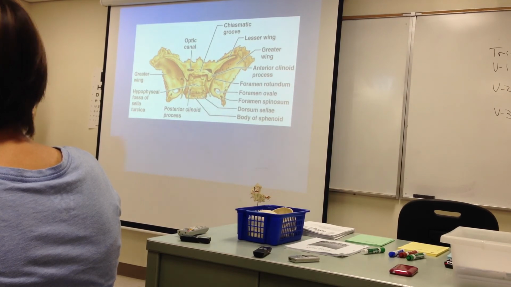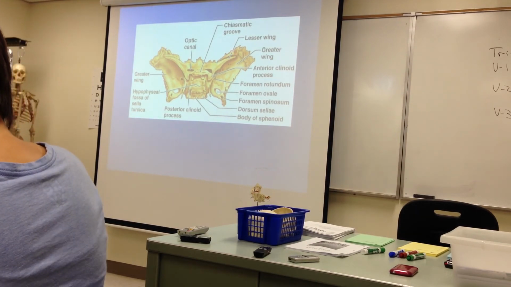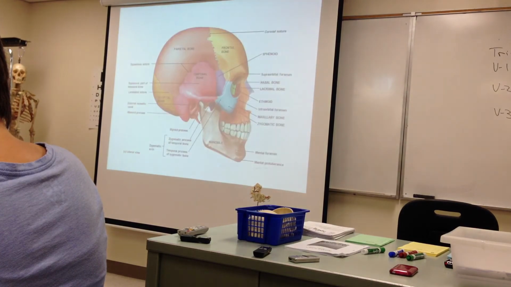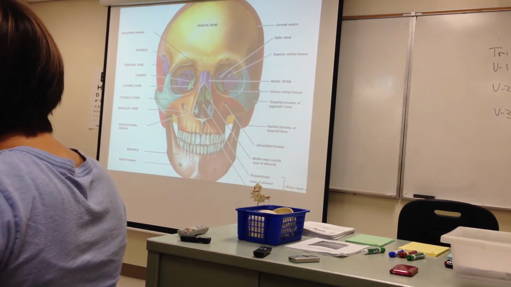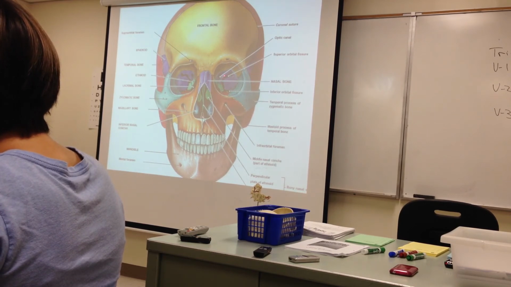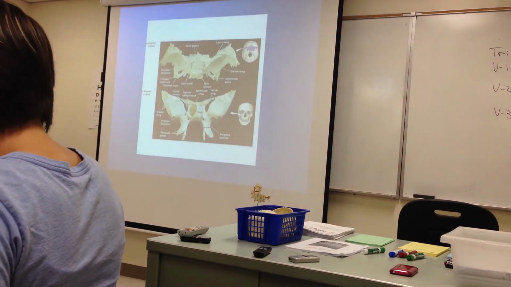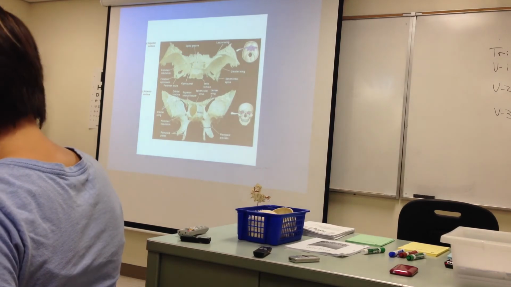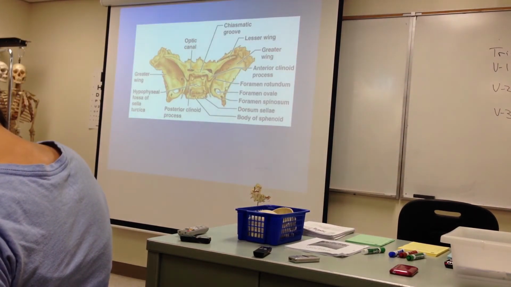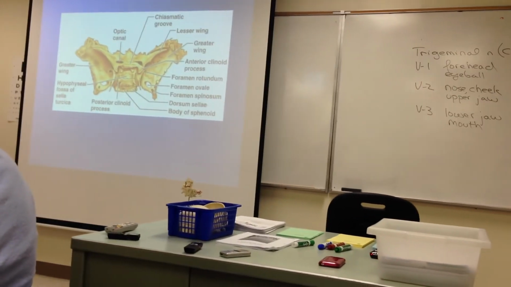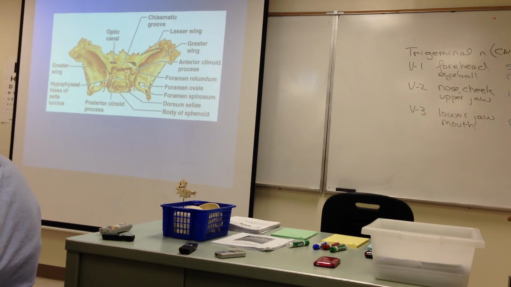All right. Now, just lateral to that, if we look at this image again, you can see a jagged, longer opening. Take your pipe cleaner and put it through that and see where it comes out. A little hard to see on here, but that's called the superior orbital fissure.